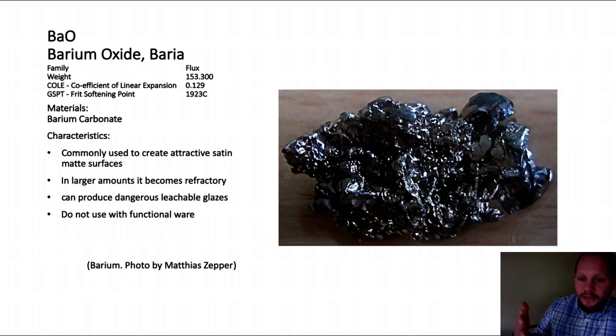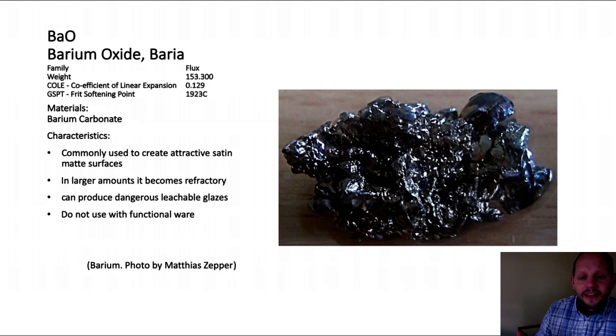So if I was making a glaze that I wanted to use with a functional pot like a cup or a mug or something, I wouldn't use barium. It's debatable in that they say if the glaze is consistently smooth, it doesn't have craze marks in it, that it is a stable material. But I just don't take the risk.